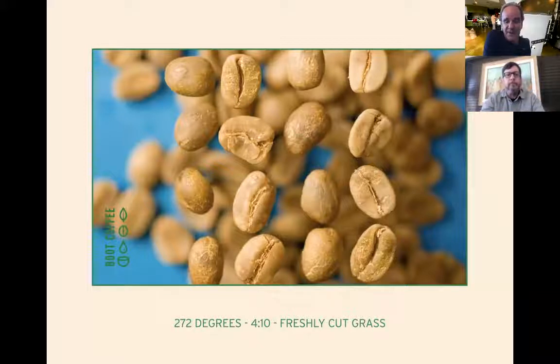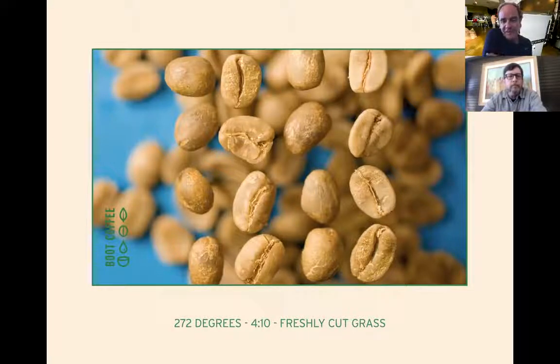Water vapor starts building up pressure, and that pressure buildup starts to induce the Maillard reactions, that are reactions that, as you might have learned from our previous sessions, or that you can learn at one of our ongoing webinars that we host at Boot Coffee. These Maillard reactions are at the core of what we ultimately will be able to perceive as coffee flavors and coffee aromas. They're very complex.